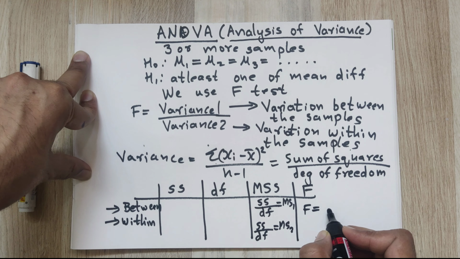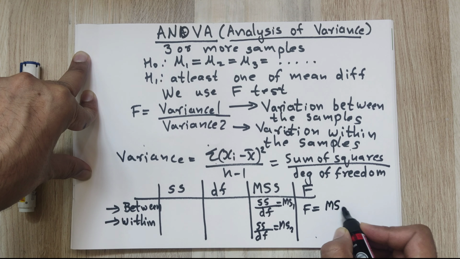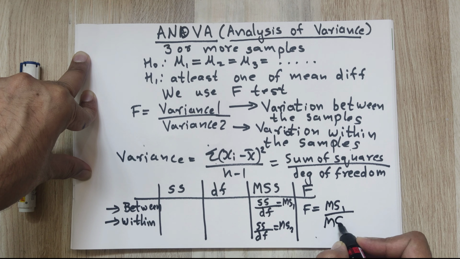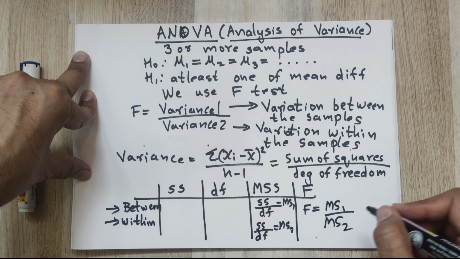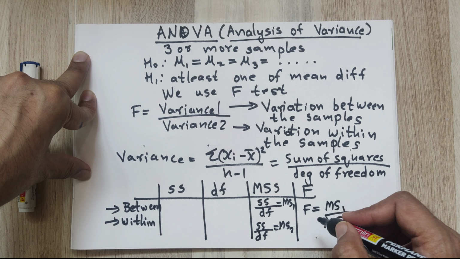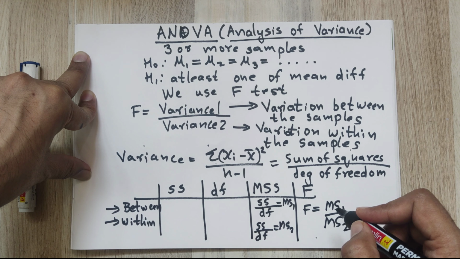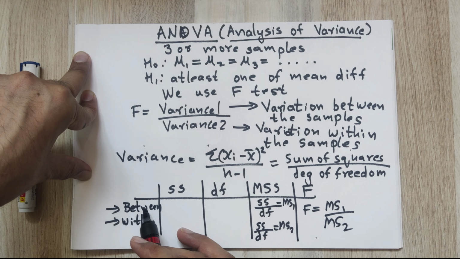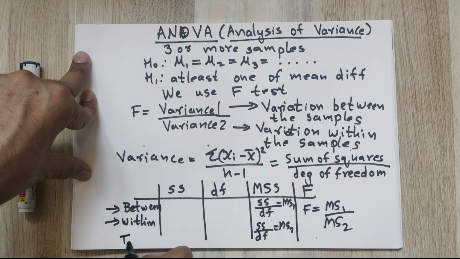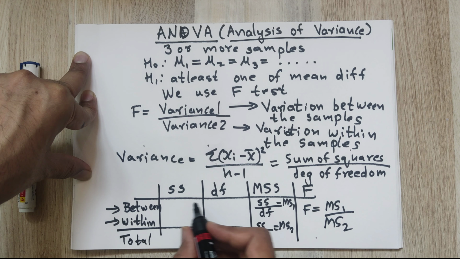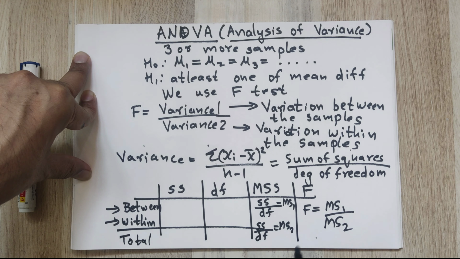Our F value will be mean sum of squares 1 upon mean sum of squares 2. This gives us F, the test statistic value. We can add one more row, the total, which is the addition of these 2 sum of squares and these 2 degrees of freedom.